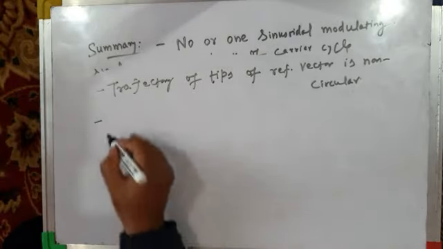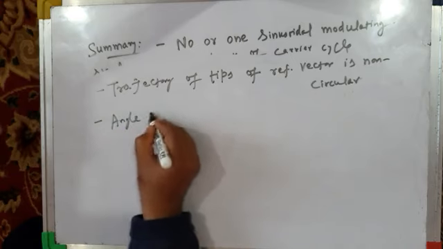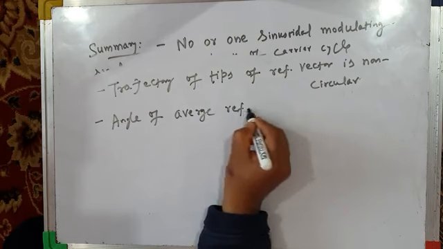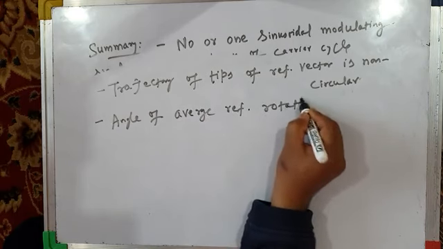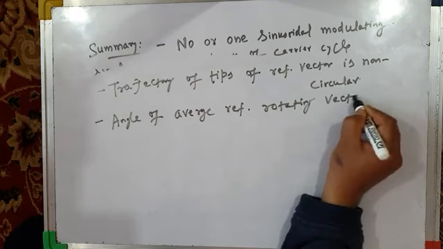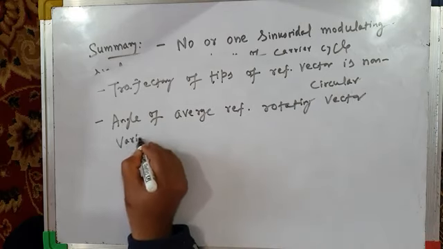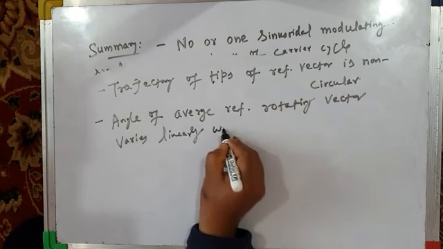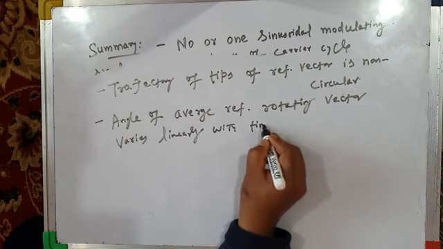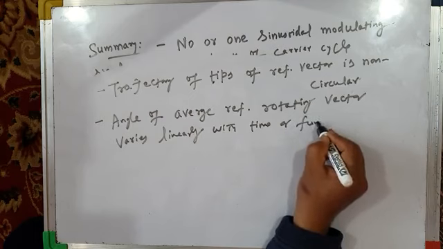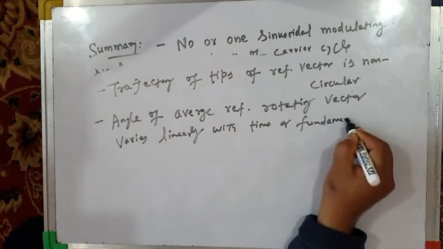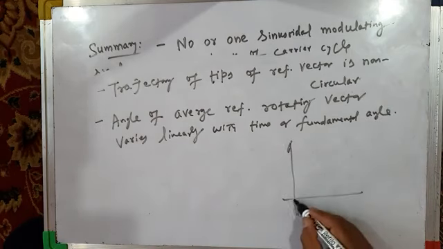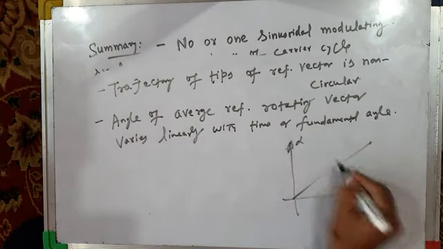And finally, the angle of the average rotating reference vector varies linearly with time or with fundamental angle. We have seen through the waveform also that the angle alpha varies linearly.